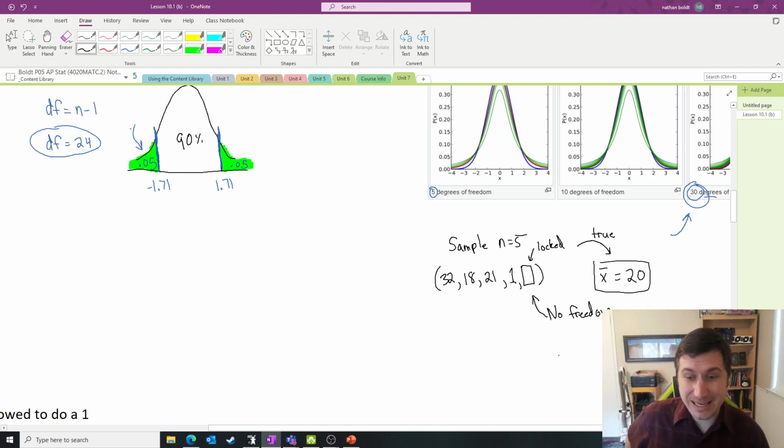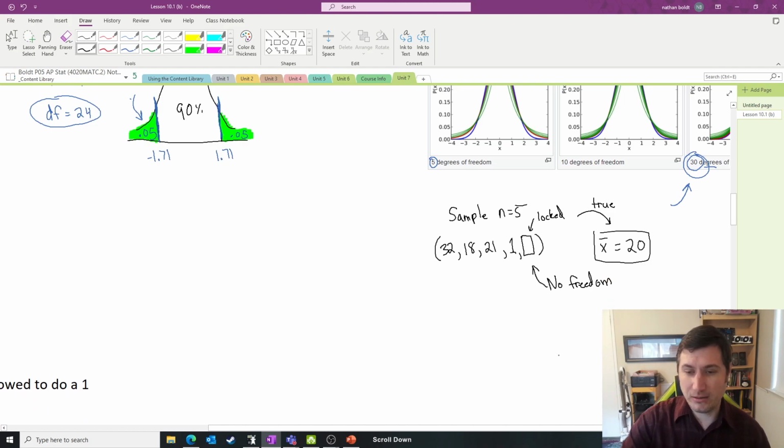It cannot be anything. I don't know what it actually has to be, whatever 32 plus 18 plus 21 plus 1 plus a number divided by 5 would equal 20. I don't know what it is. It's an algebra 1 problem. I'd rather not do it. But that fifth number is locked in. It's not freedom.